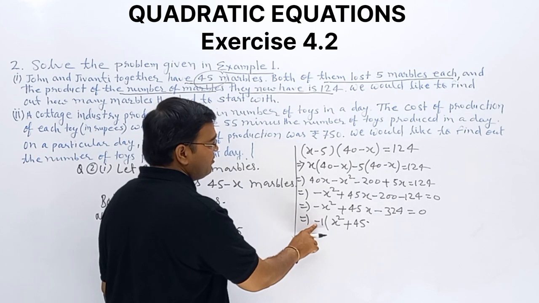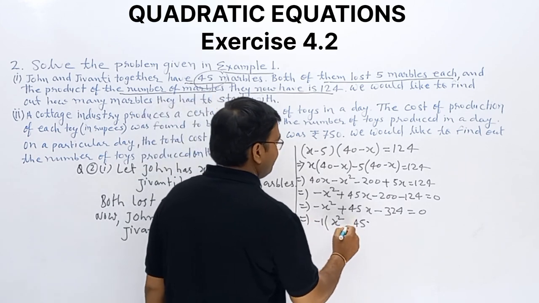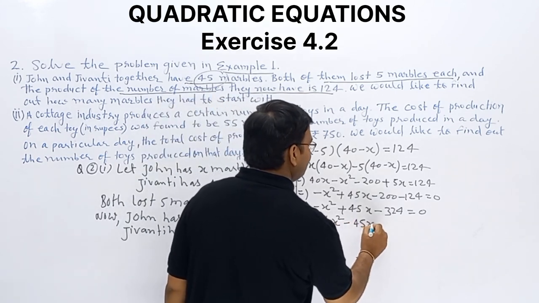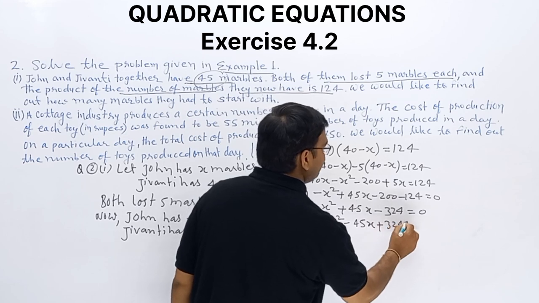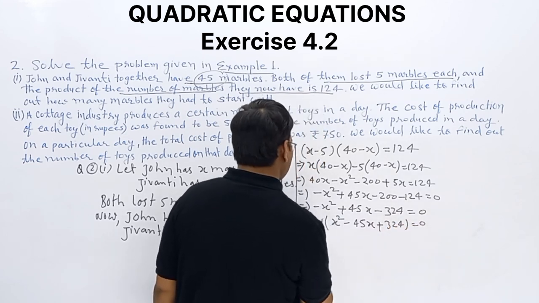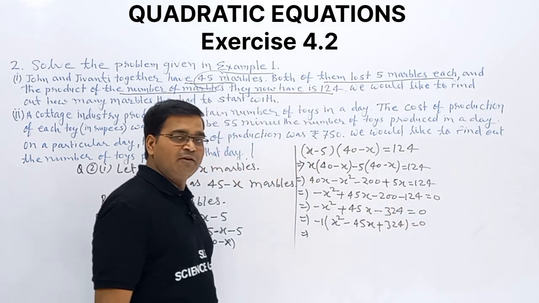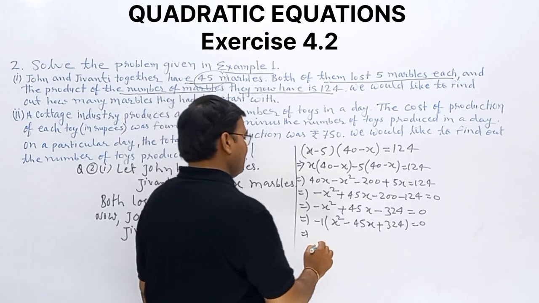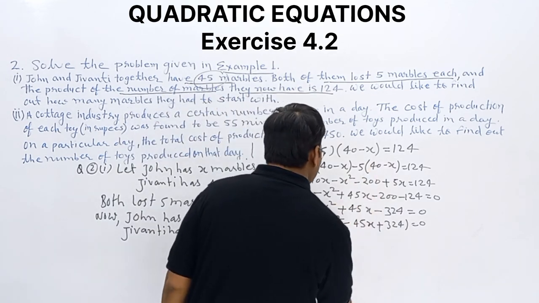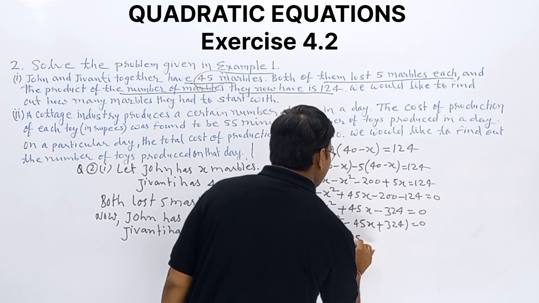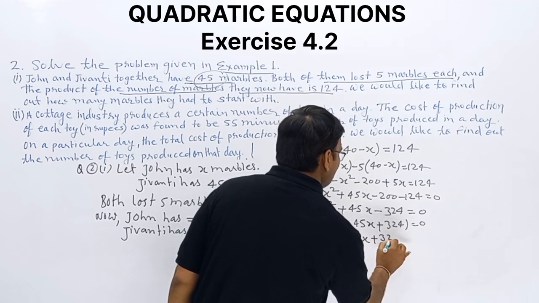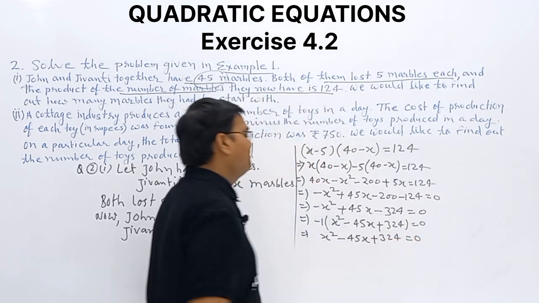Observe carefully. I am taking minus outside, so there will be a minus sign and plus sign. What is remaining? X square minus 45x plus 324 equal to 0.